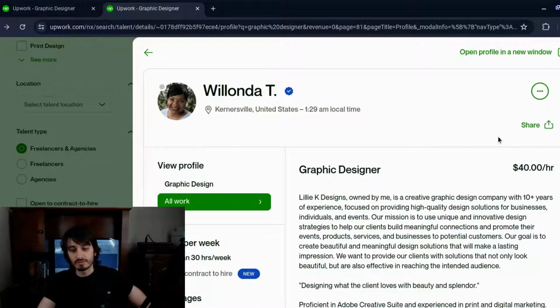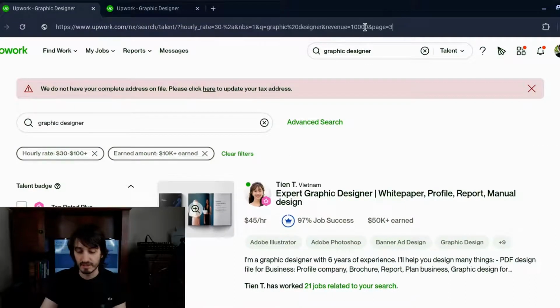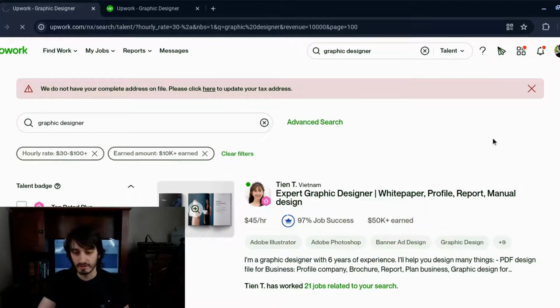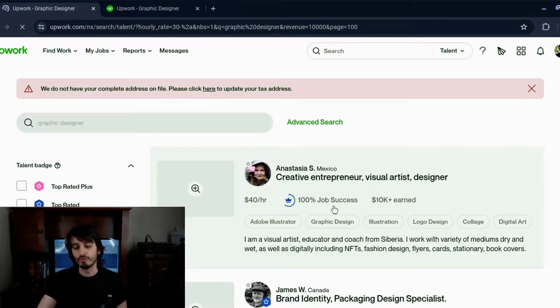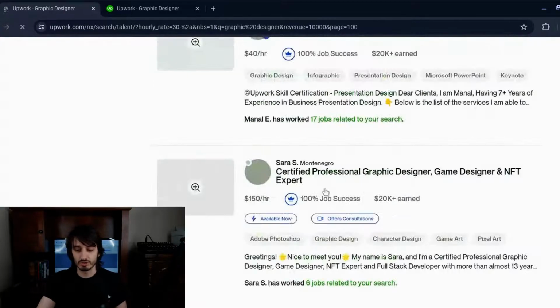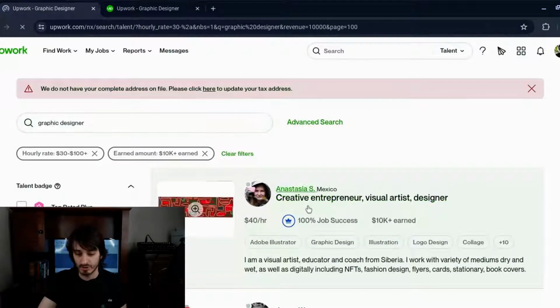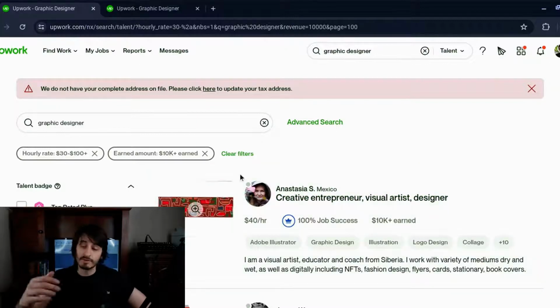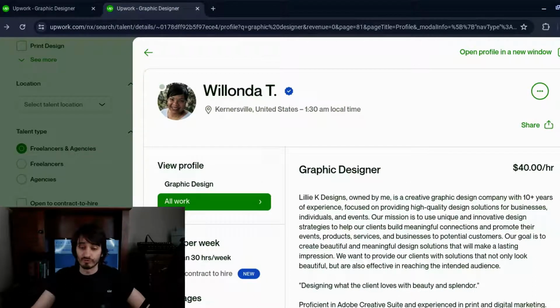This is page 4. Let's see how many pages of this there are. Let's see, page 100. There are over 100 pages of these freelancers who make over $30 an hour and have made over $10,000 on the platform. There's hundreds of freelancers who are able to charge over $40 an hour.